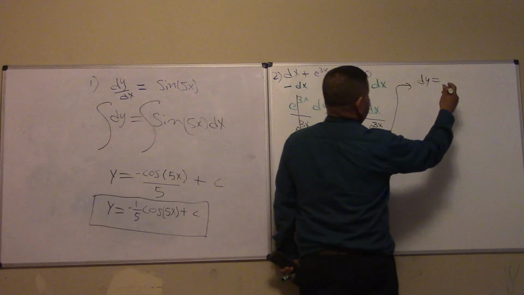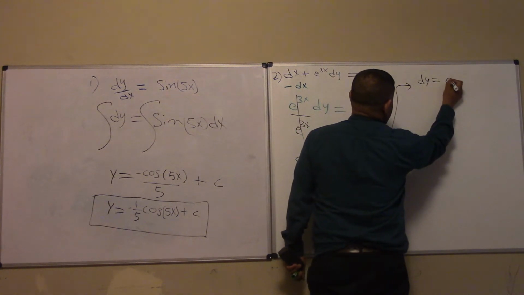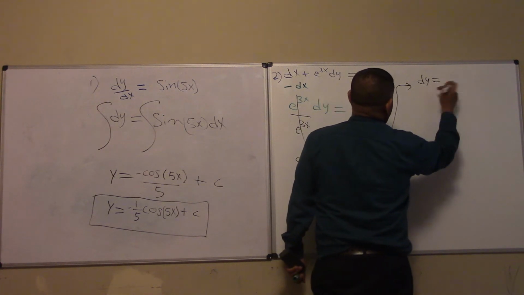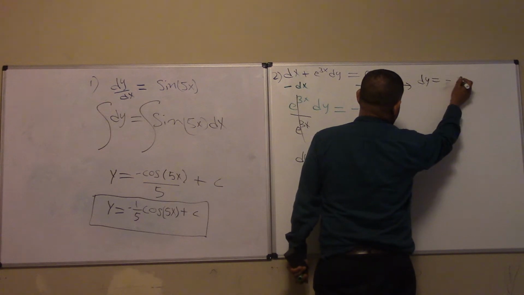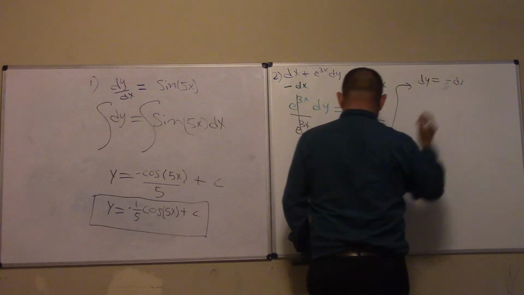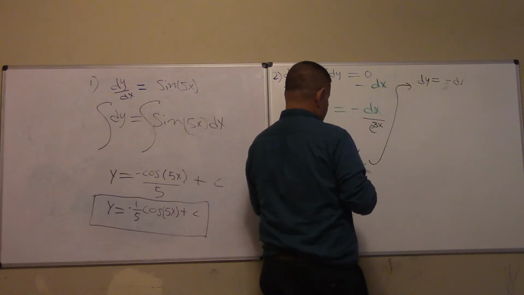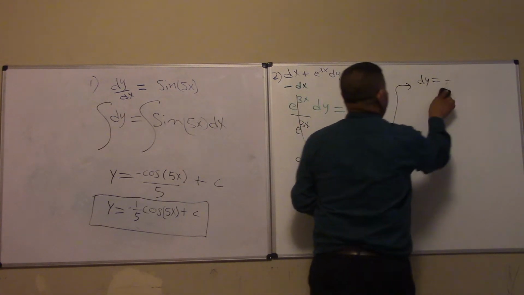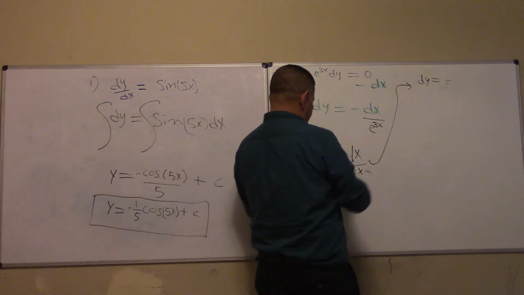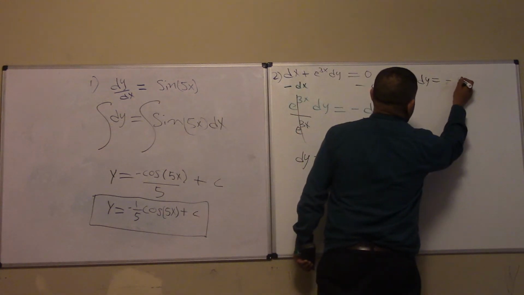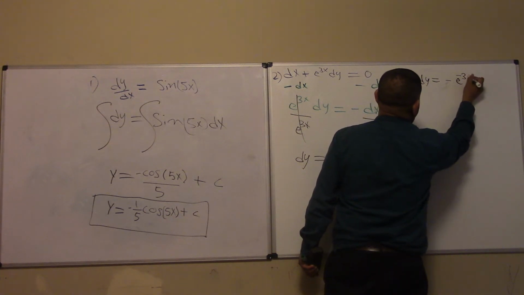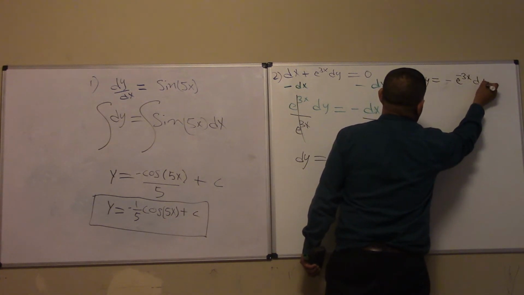Hold on a sec. I had to bring this one up, right? So this is negative e to the negative 3x dx.